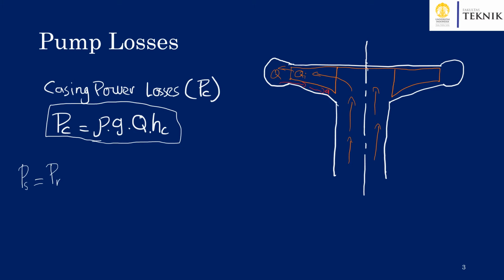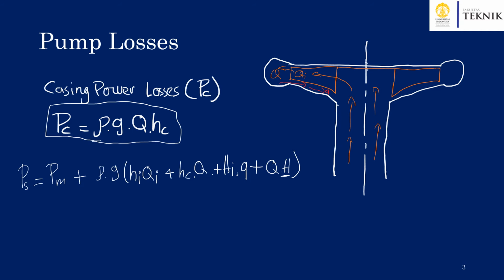So we have mechanical losses PM plus all of these sources of losses, the impeller losses, casing power losses, and leakage power losses, which are functions of density and gravity, and then we add small h multiplied by QI, which is the impeller power losses, plus HC multiplied by Q, which is the casing power losses, plus capital HI multiplied by small q, which is the leakage power losses, plus capital Q multiplied by H. So this is the total head delivered by a pump.